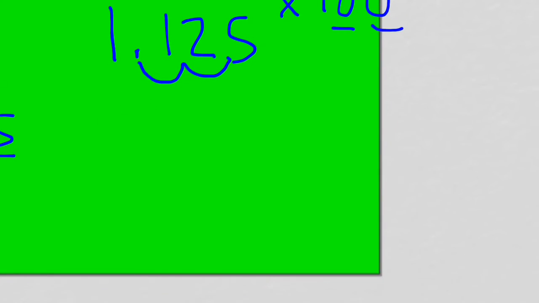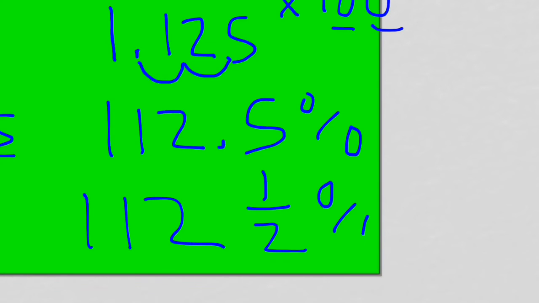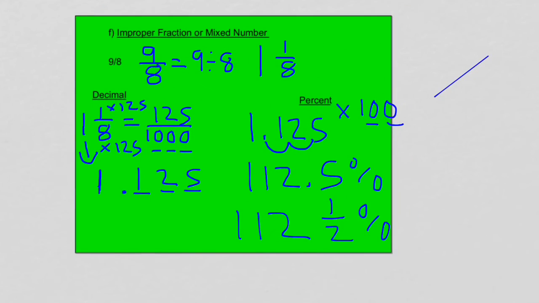The decimal ends up between the 2 and the 5, and we have 112 and 5/10%, or 112.5%. It's the same pattern every time, right? And really the key thing is learning our facts. Really got to practice our multiplication and division facts, because if we're skilled with those, if we pick up on those patterns, we can do a lot with this.